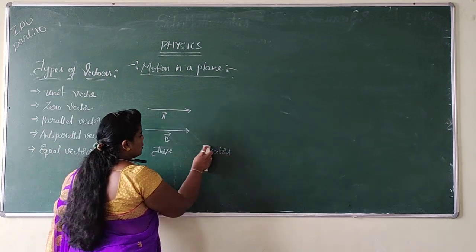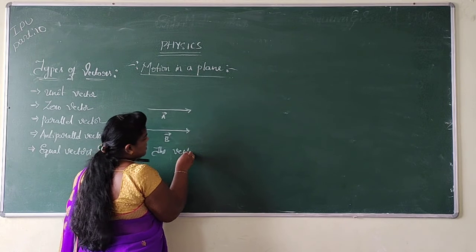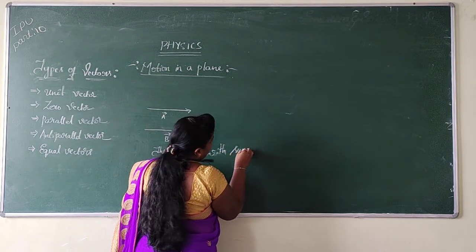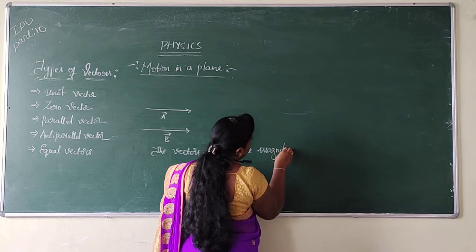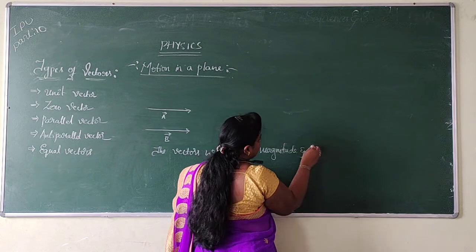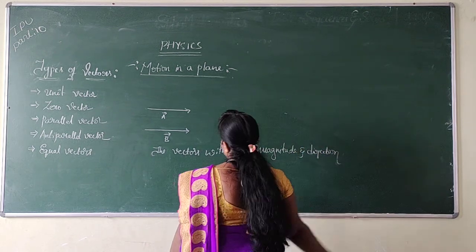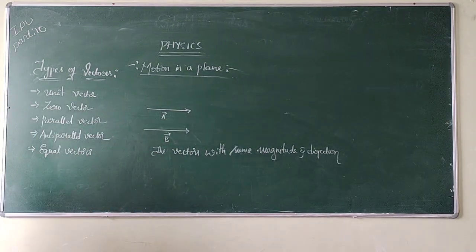So vectors with the same magnitude, meaning they should have the same value of magnitude and move in the same direction, are called equal vectors.